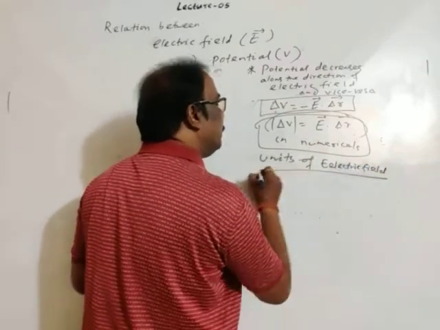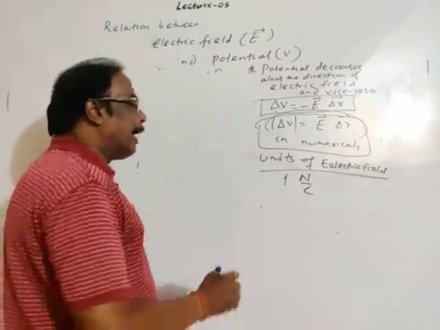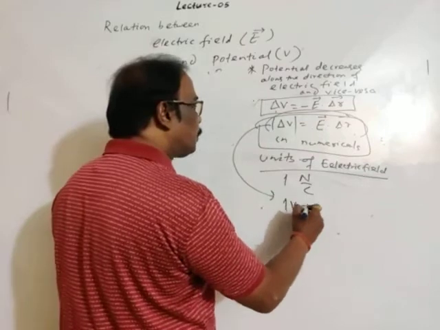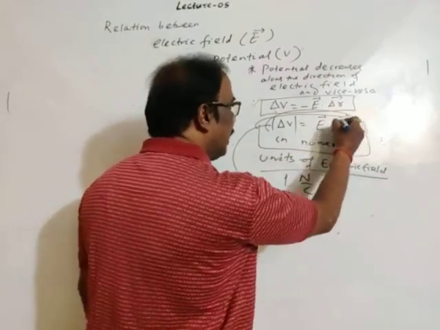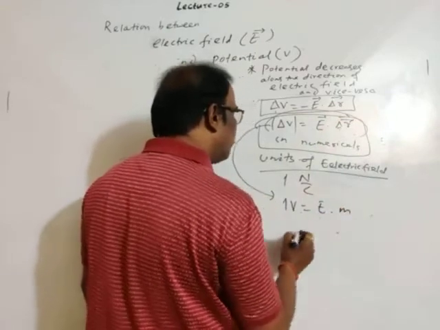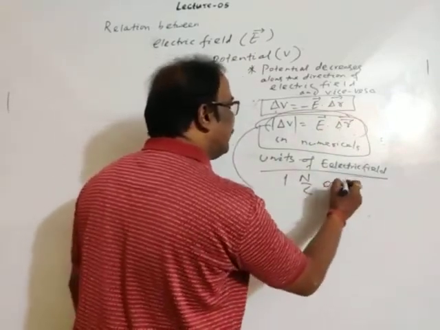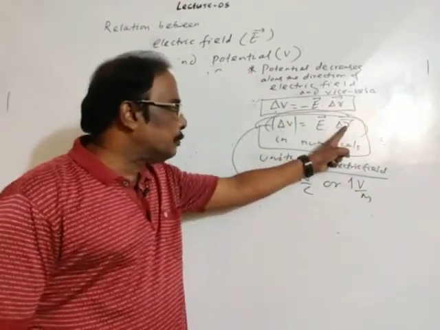Units of electric field, we have taken Newton per coulomb. And here, potential is in volt. Distance or delta r is in meter. So units of electric field is volt per meter.